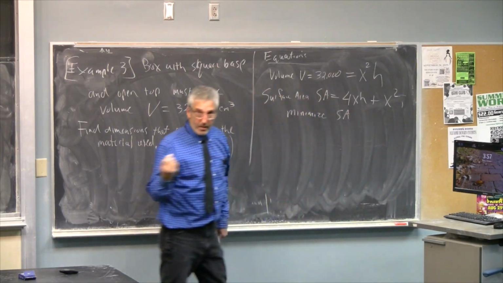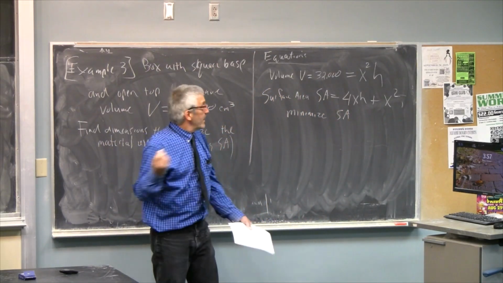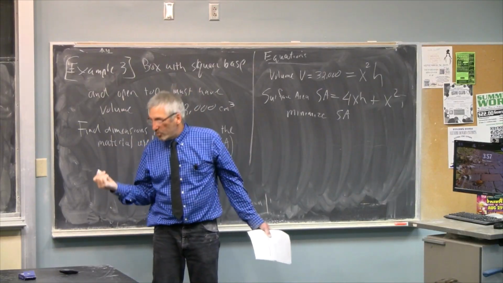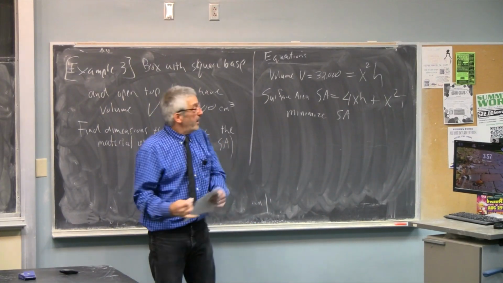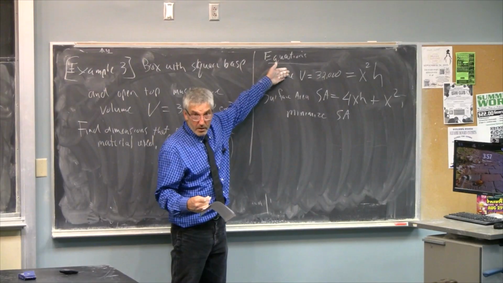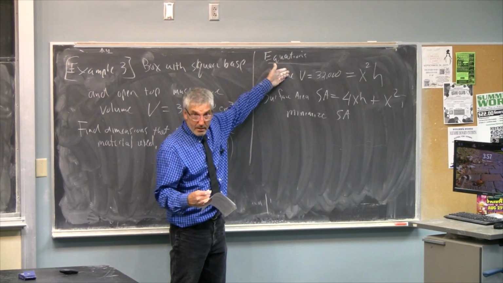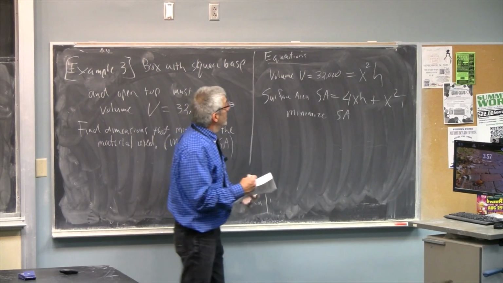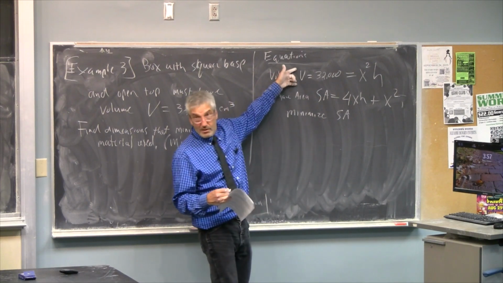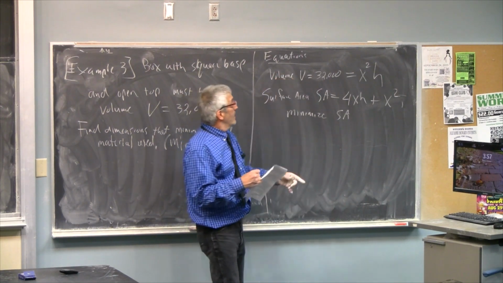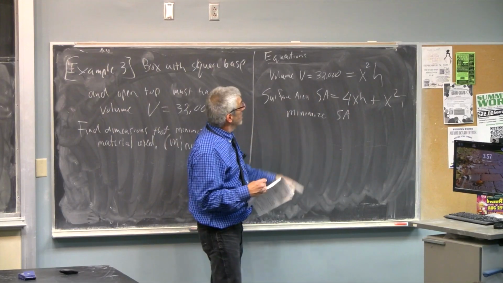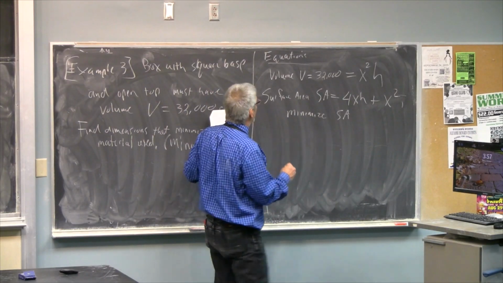Okay, look, again, we've got a bummer. We've got a surface area equation, but it has 2 variables, x and h. But we can use the volume equation to eliminate h.